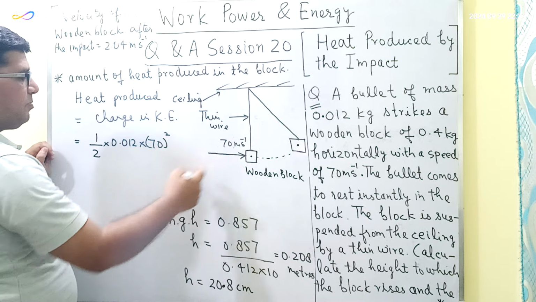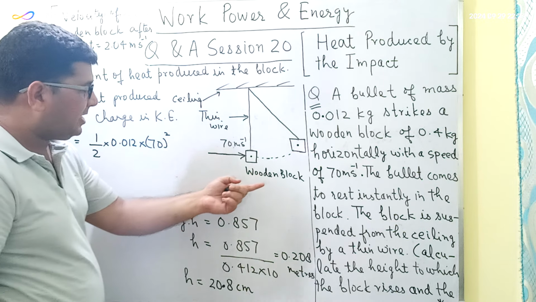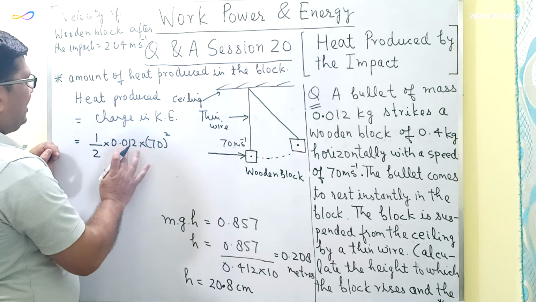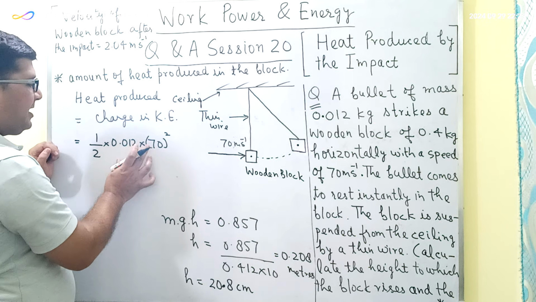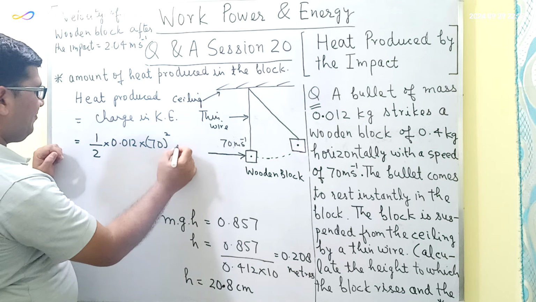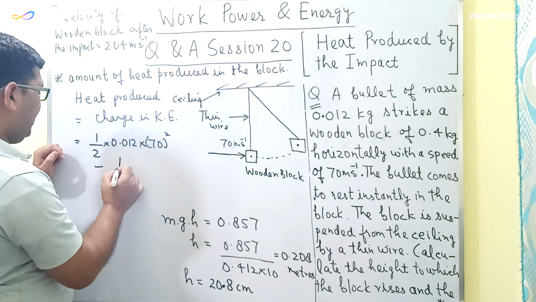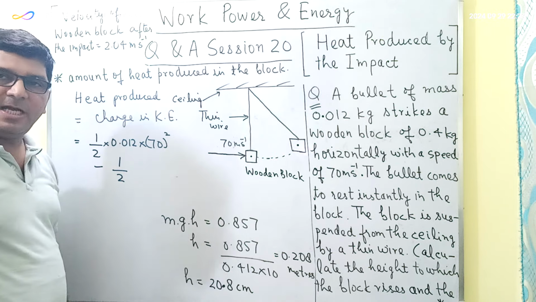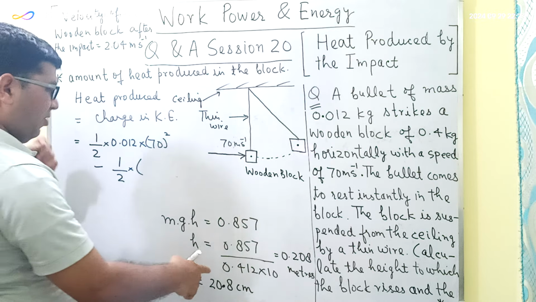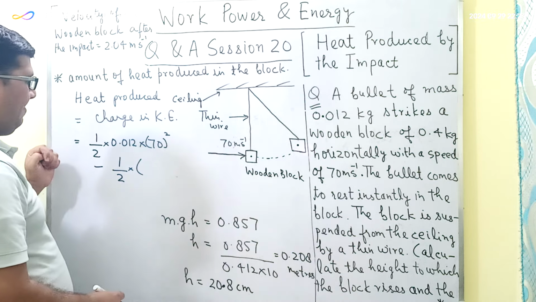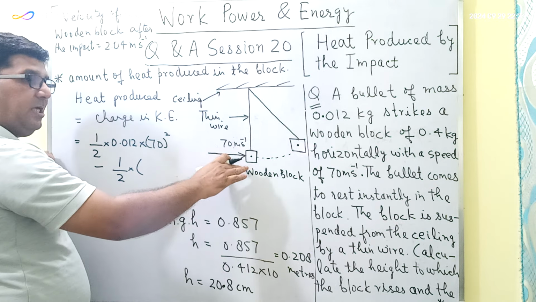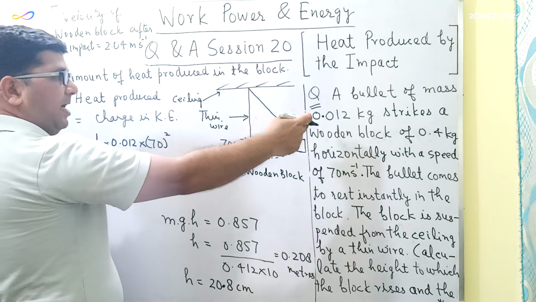Now the initial kinetic energy of this wooden block before the impact is equal to 0. So the change in the kinetic energy will be equal to the initial kinetic energy minus the kinetic energy after the impact, which is equal to half into the mass of this wooden block, including the mass of the bullet.